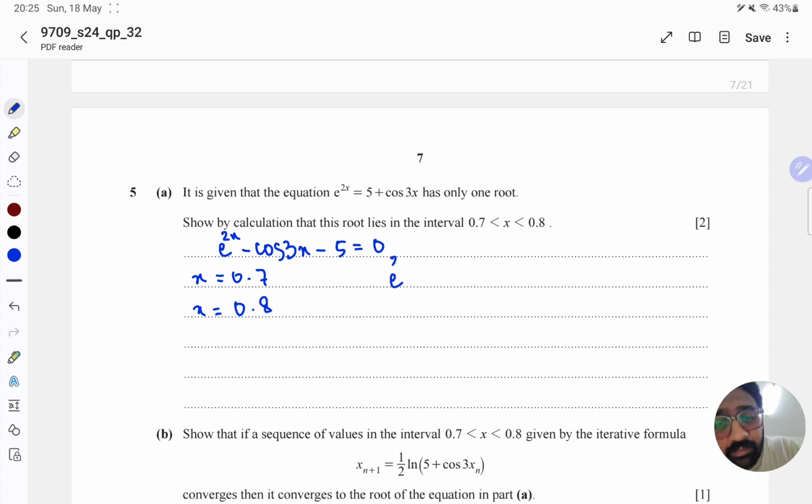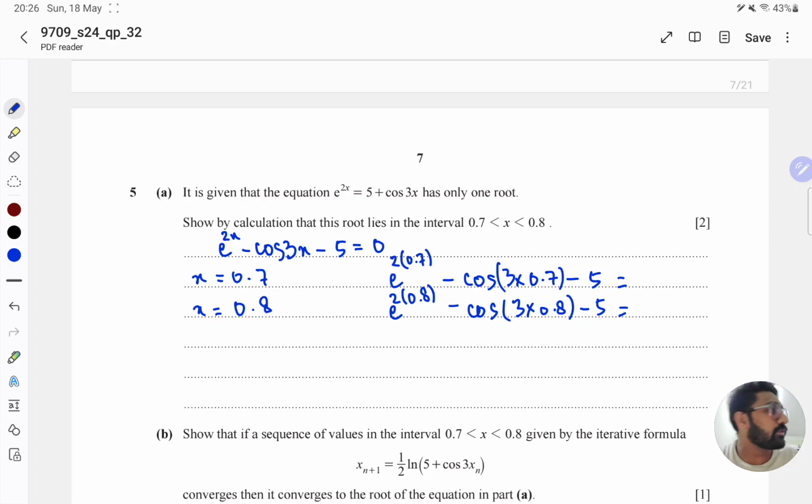So e raised to the power of 2 times 0.7 minus cos of 3 into 0.7 minus 5. Similarly, I'll substitute the value of x as 0.8. I have to find the answers for both of them.